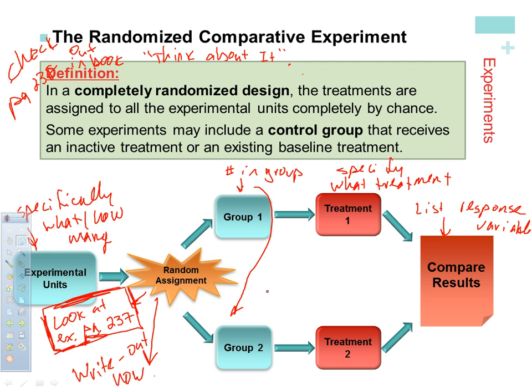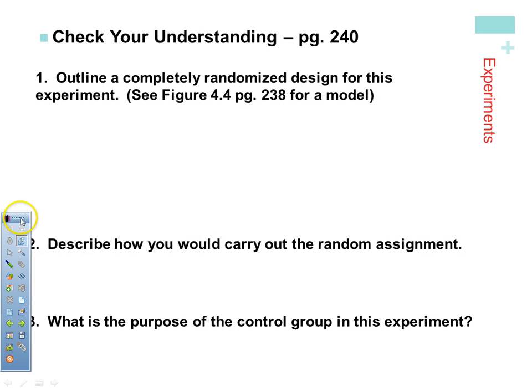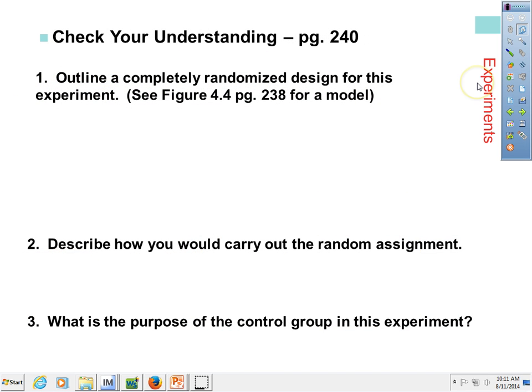Okay? And let me show you this in the form of an example or a check your understanding. I'll give you a chance to write this out first, see how you do. If you need to go back and change once you see what I've done, then make sure that you do that. So at this time on page 240, there's your check your understanding questions here.